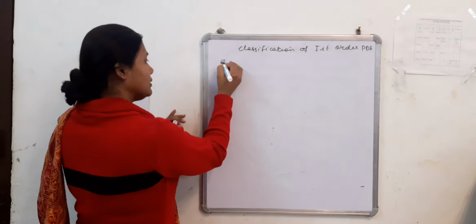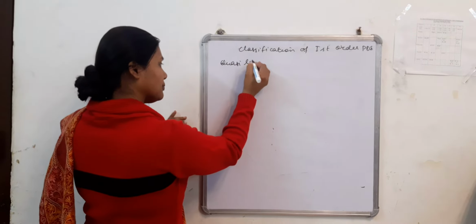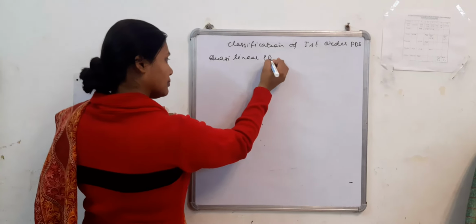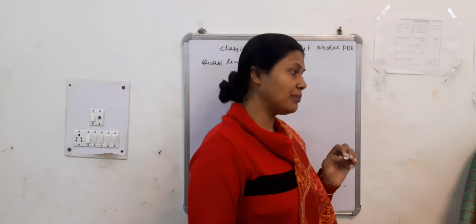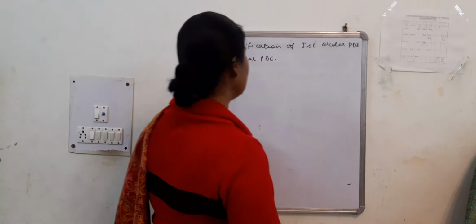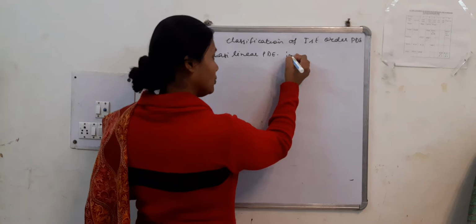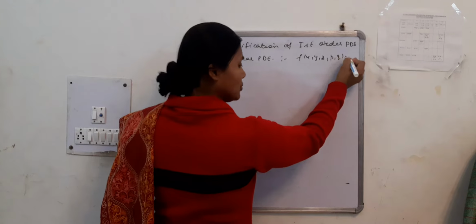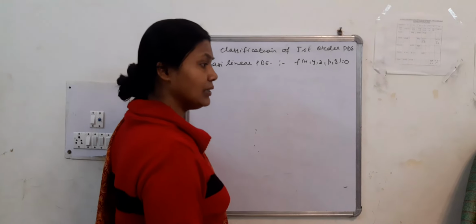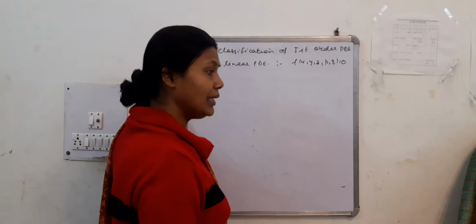A first order partial differential equation of the form f(x,y,z,p,q) = 0 is said to be quasi-linear if it is linear in p and q.